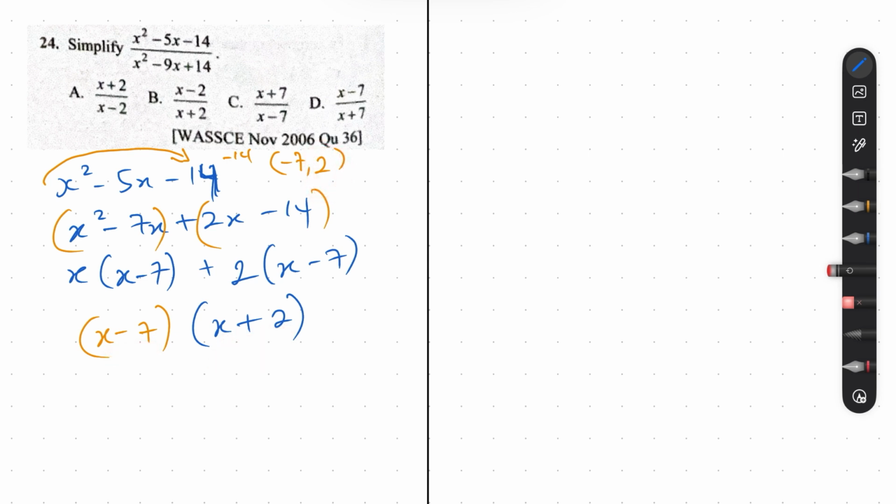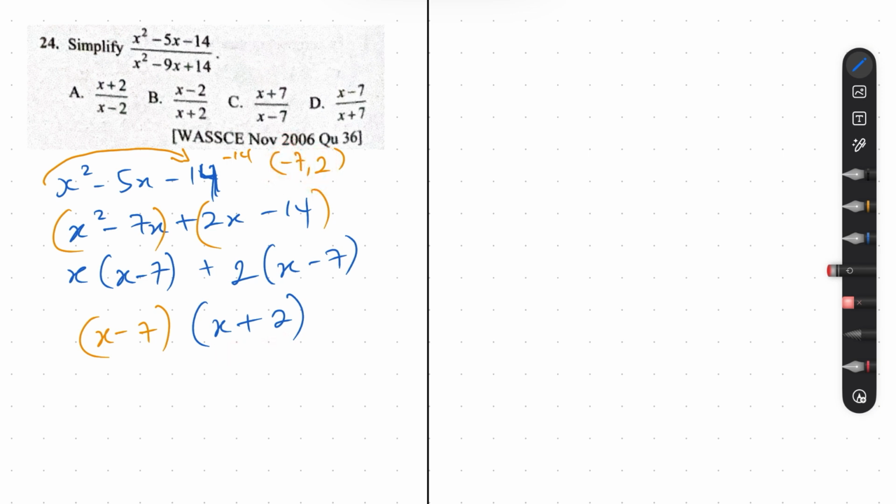Very simple. Always works, if the coefficient of x squared is 1. It will always be like this, just x with the factors you have. So here you have x minus 7, and then you have x plus 2.